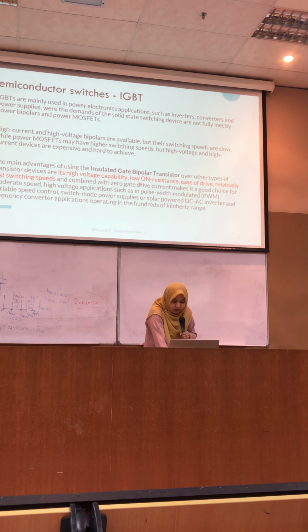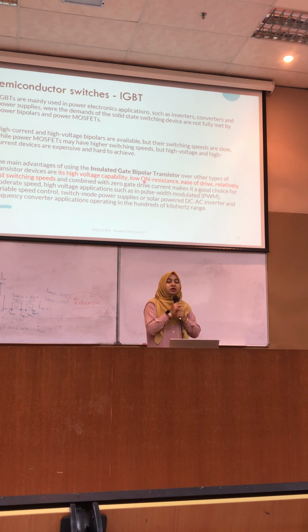This is also an advantage of IGBT: it has high voltage capability. The on-state resistance, RDS on, which is the internal resistance of the IGBT, is very low. The lower the RDS on, the better the device will be.